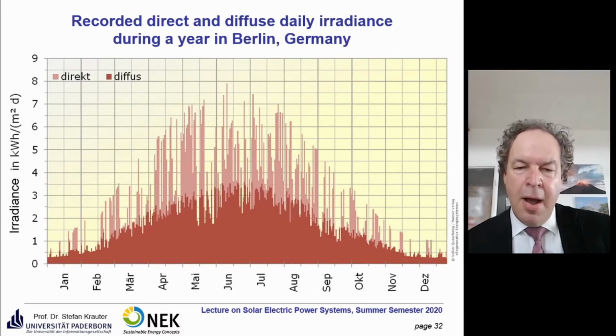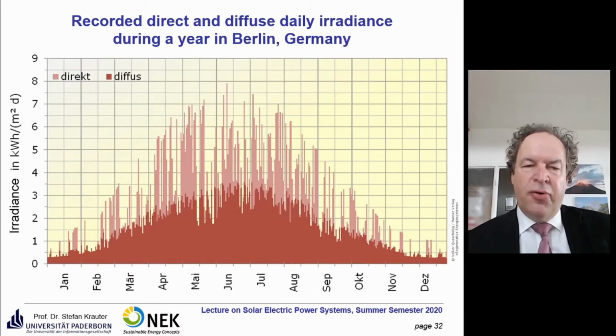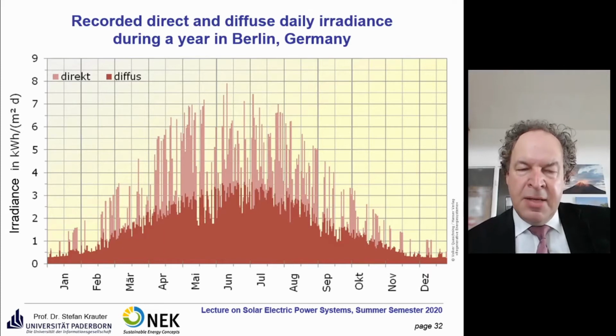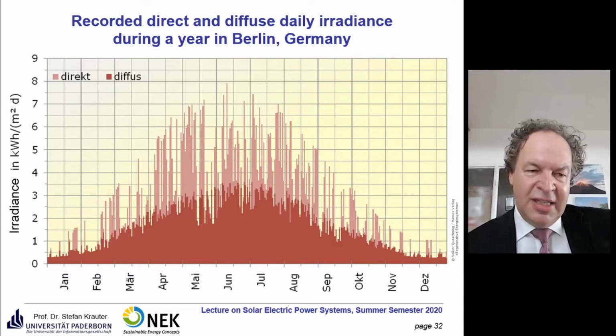This is for Berlin. You see for summer, the highest peaks are not so far away from the Egypt values, so we can even reach almost 8 kilowatt hours per square meter per day. The problem is the winter. There we have well below 1 kilowatt hour per square meter per day, even below 0.5 kilowatt hour per square meter per day.